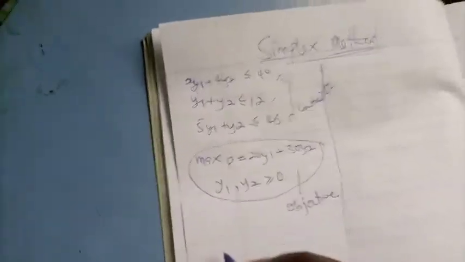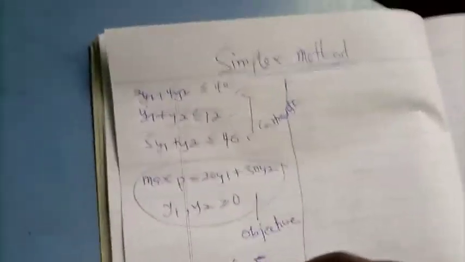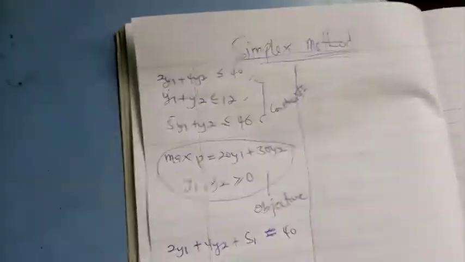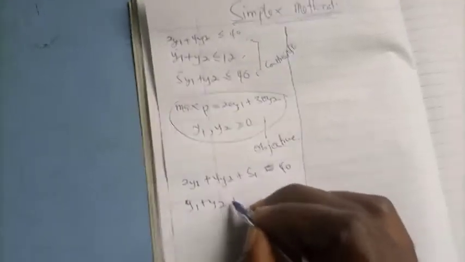So we are going to write our 2y1 plus 4y2, and we introduce a slack variable, let me say s1, then we equate it to 40. Then the next one, which is y1 plus y2, then we introduce the second slack variable, s2, is equal to 12.